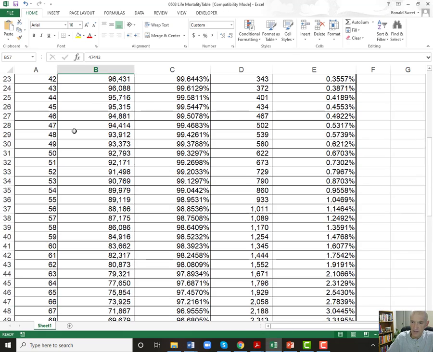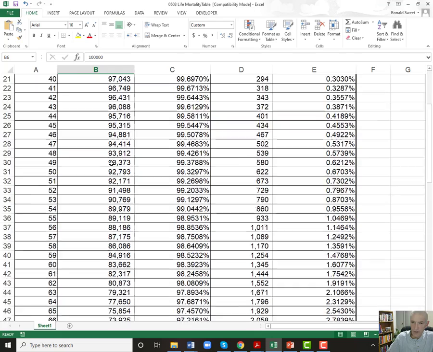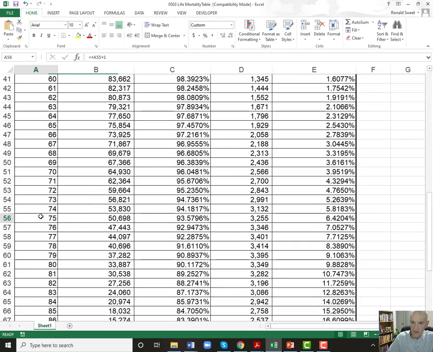So we can look at this and we can just see for a 25-year-old, their life expectancy is somewhere around 75, 76, but for a 75-year-old, you take the 50,698 and divide by 2, you get 25,349, so somewhere around here. So a 75-year-old is expected to make it past their 82nd birthday and die somewhere between their 83rd, and 50% of them will do that.